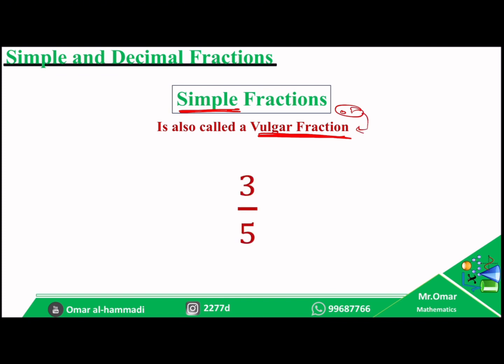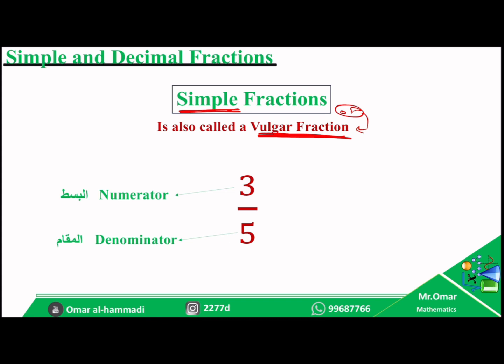For example, 3 over 5. The 3 is called the numerator, and the bottom is the denominator. Numerator and denominator.